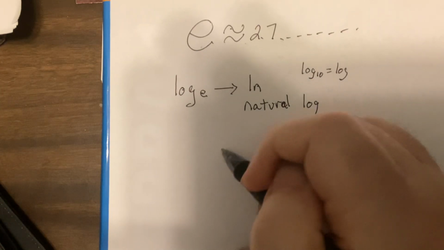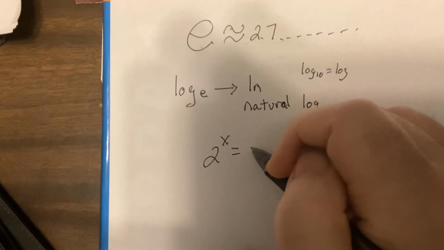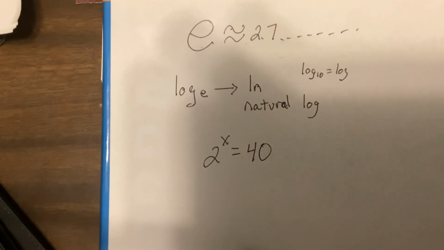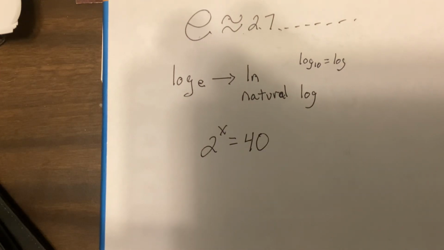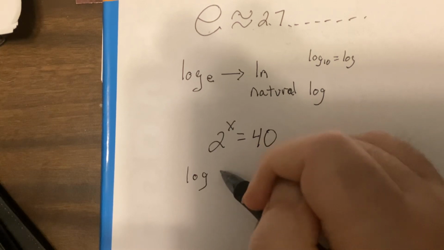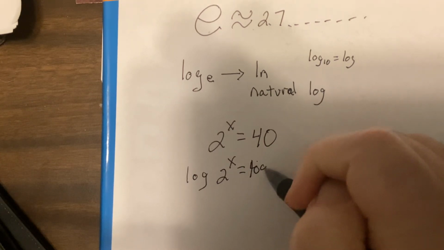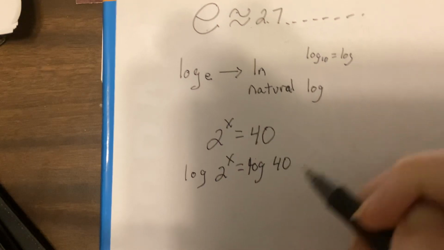So if I said what's 2 to the x equals 40, well, you could solve it going log of both sides: log 2 to the x equals log of 40.